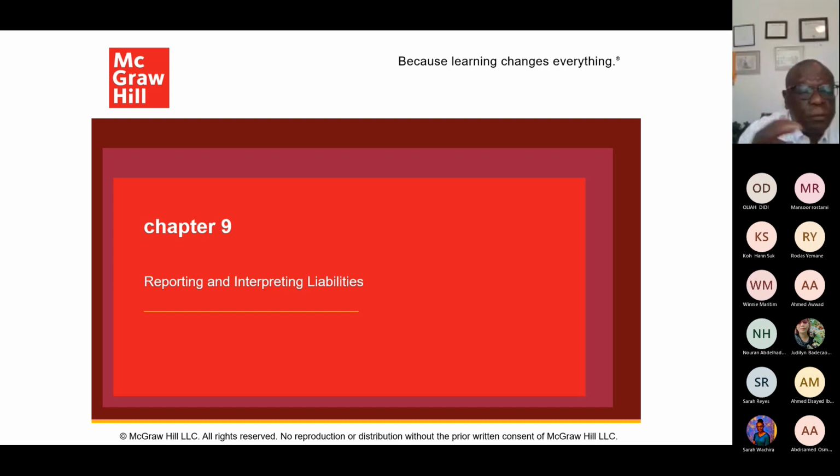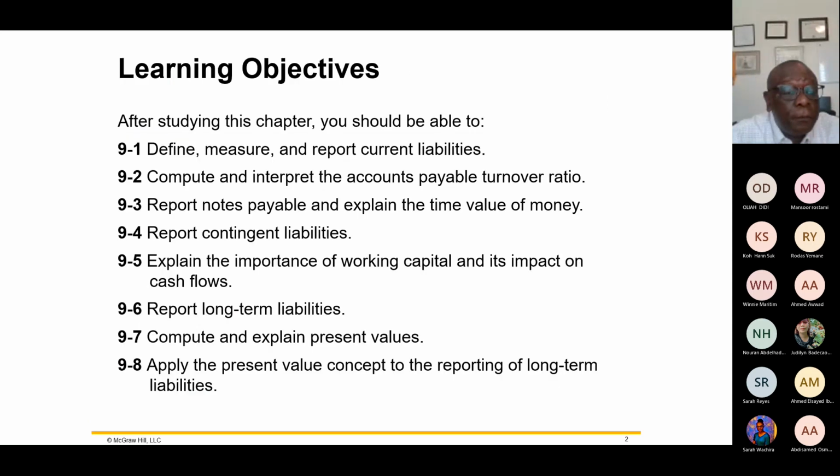So that is reporting and interpreting liabilities. I know everybody must have read this. Everybody has prepared for this exam in such a way that we don't need to waste much time on it. You should be able to define, measure, and report current liabilities.